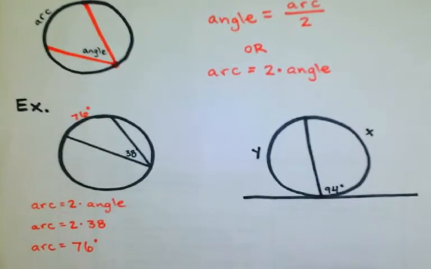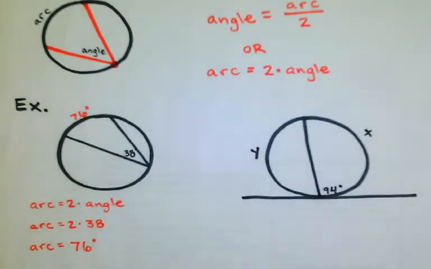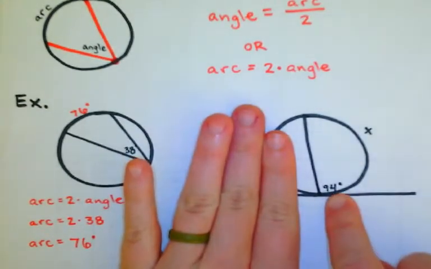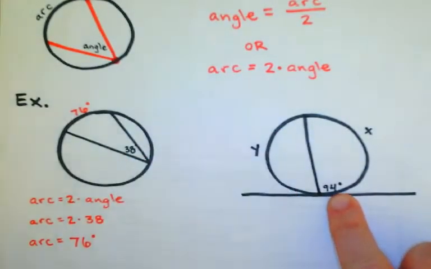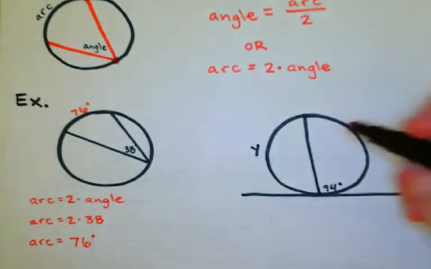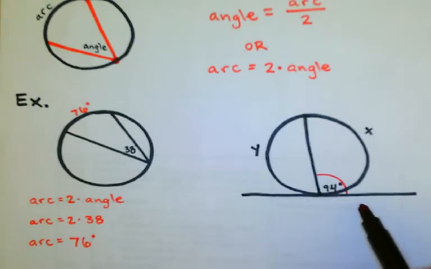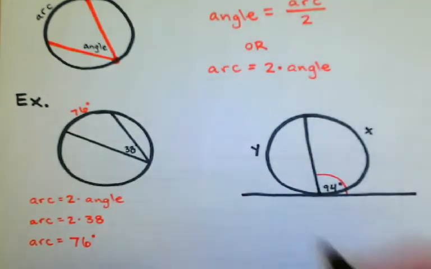All right, so basically pick a letter and solve for it first. I would solve for the x first since it's on the same side of the circle as the 94. Now this 94 is our angle. That's the angle we're given, and we want to find the arc.